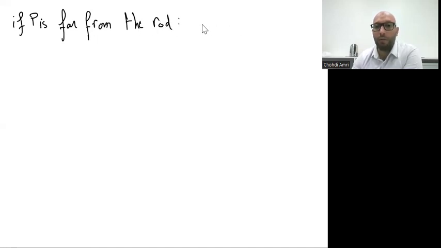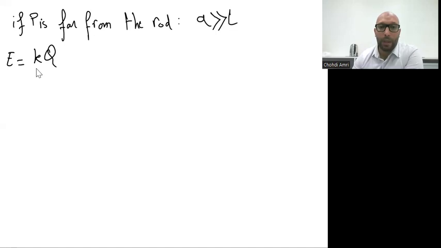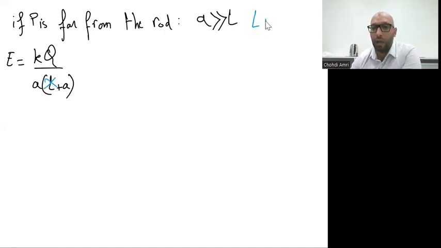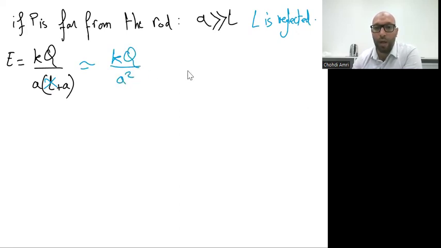That means the distance A is big compared to the length of the rod L. So let's come back to our equation, KQ over A times L plus A. What we're going to do is neglect L. L is neglected, and our expression will be KQ over A squared.